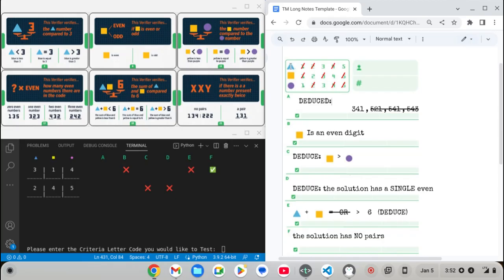And so that would leave us with the solution of 3, 4, 1. So let's go ahead and type it up. I do apologize, there is a bit of a lag.